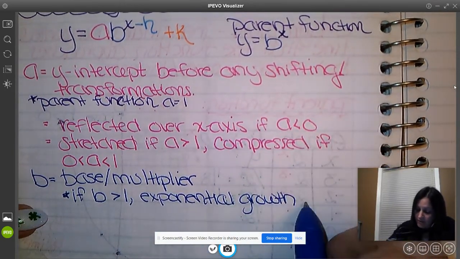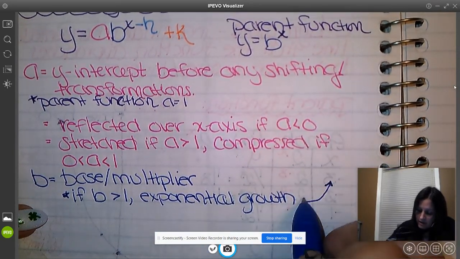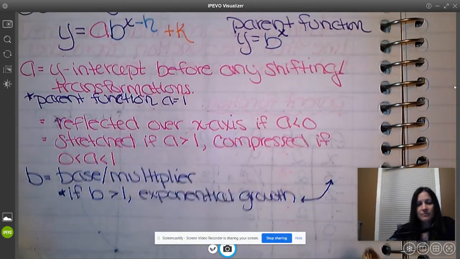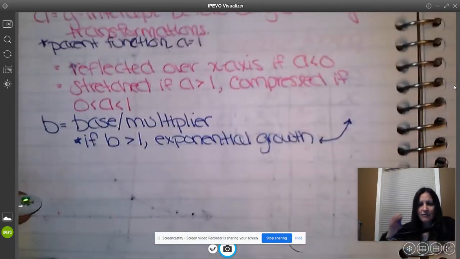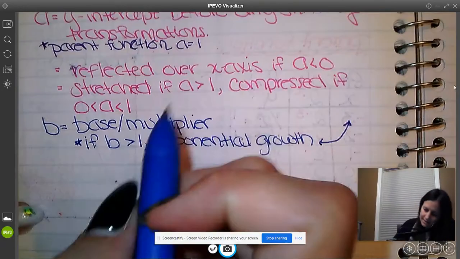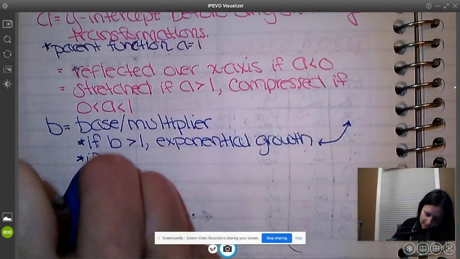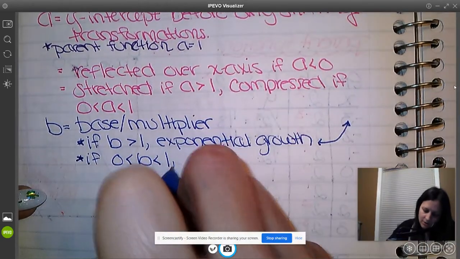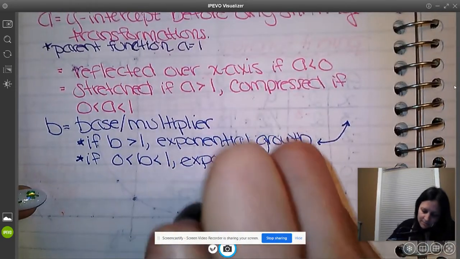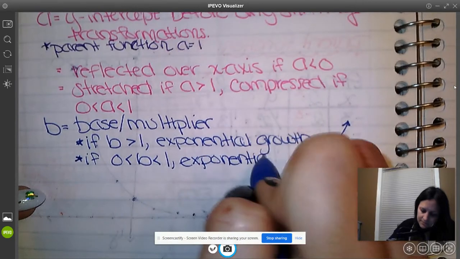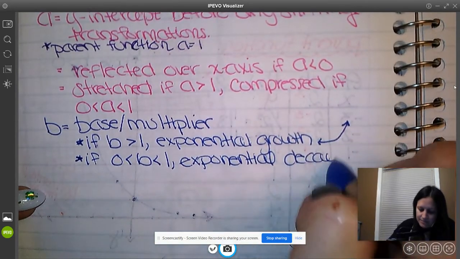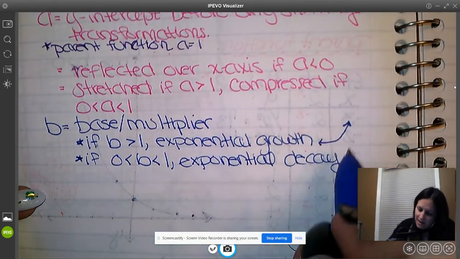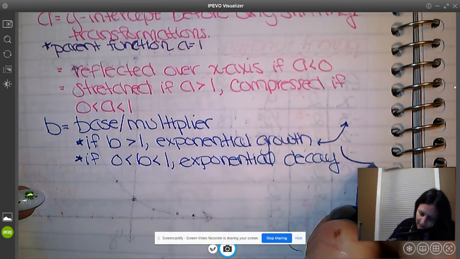So your graph will look like that. And if b is between 0 and 1, we have exponential decay, which means it goes down this way.